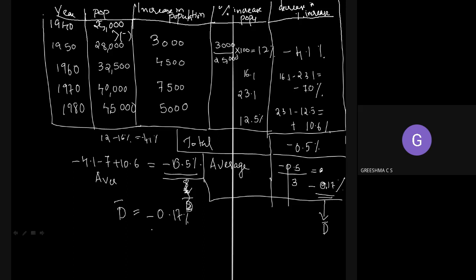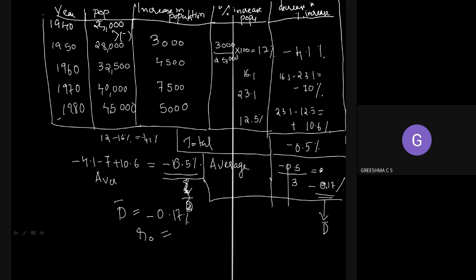Now, what will be R0? R0 is the last known increase rate of population. The last known decade for us is 1980. The last information that we have available is in the year 1980.